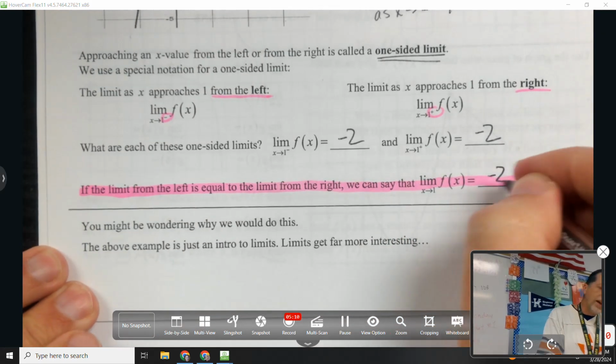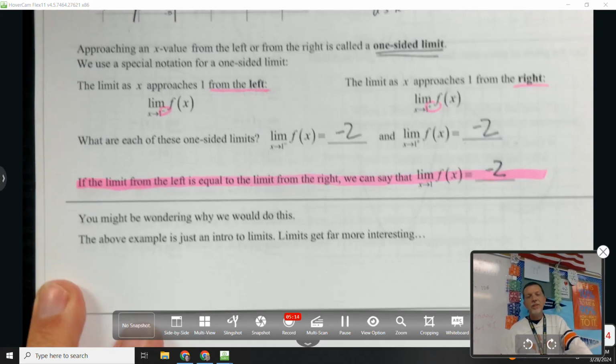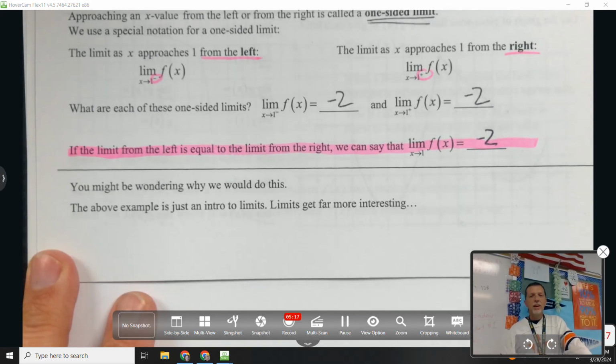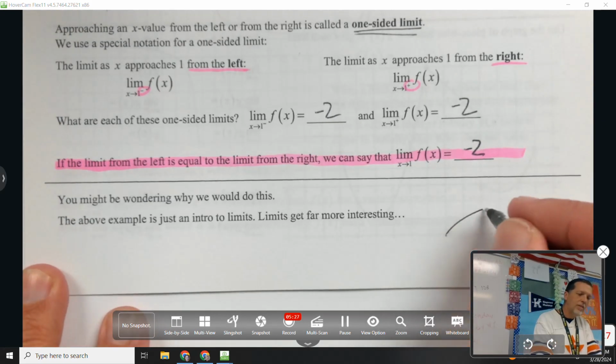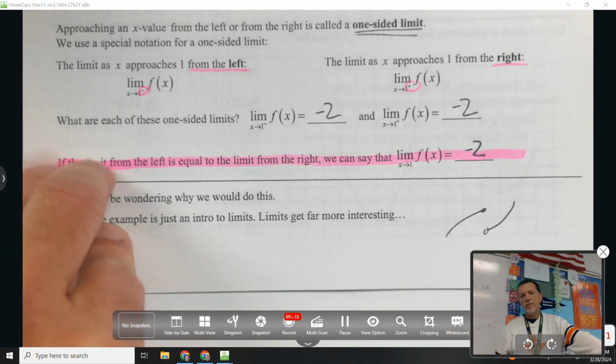So this one's negative 2. I say that because there are times when they're not the same. Like the limit from one side is not equal to the limit from the other side. Yes. Like if there's a jump or if there's an asymptote, they're not always the same.